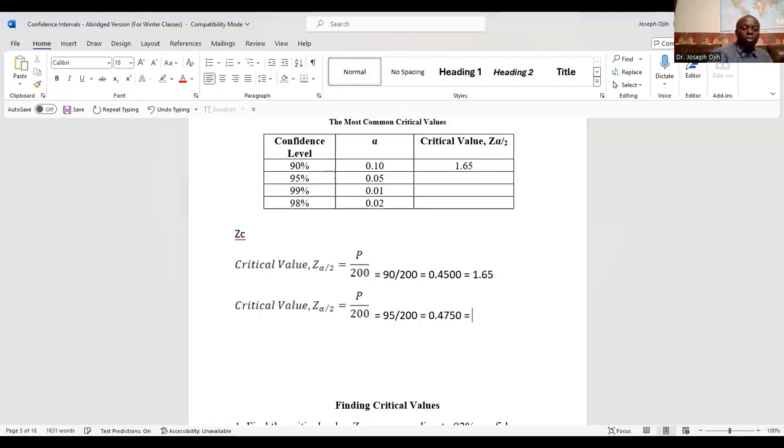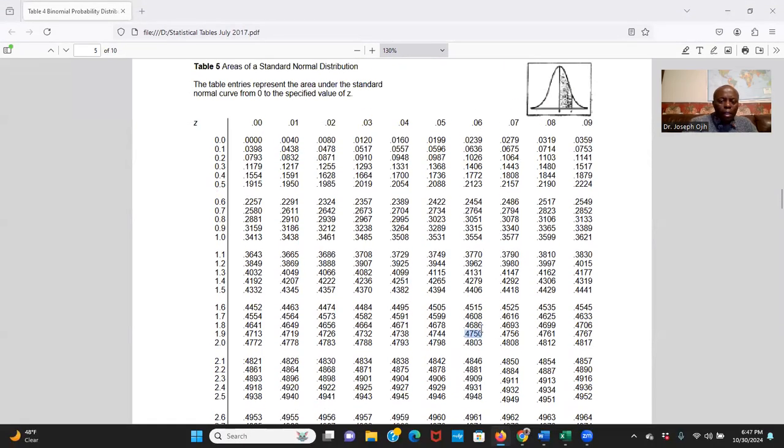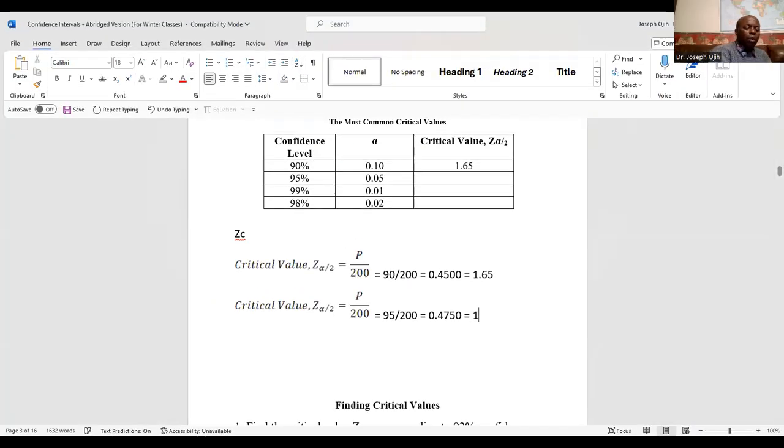Look for 0.4750 on the table of normal distribution. This time we're lucky, we find exactly the number that represents 0.4750. Now you follow it to the left, 1.9, and follow it up, 6: 1.96. That becomes the critical value, so we put 1.96 right here.